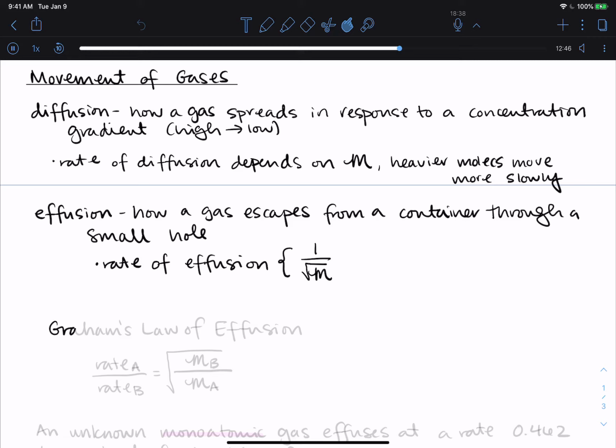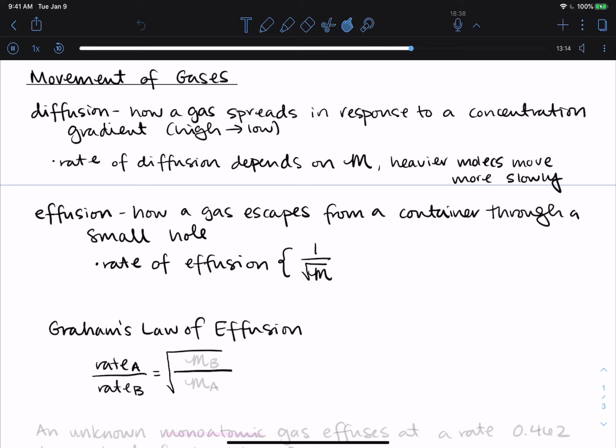So Graham's law of effusion. Again, we can use this to do something like identify an unknown gas. And this equation says that the rate of gas A over the rate of gas B is equal to the square root.